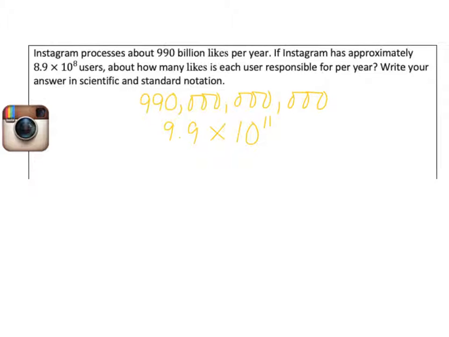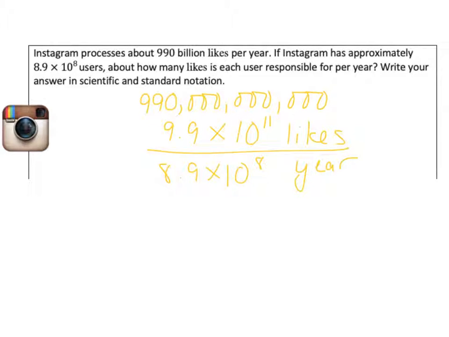If Instagram has approximately 8.9 times 10 to the 8th users, about how many likes is each user responsible for per year? So this is really saying likes per year. So I need to put the likes in the numerator and the users in the denominator. I take the total likes divided by the users.